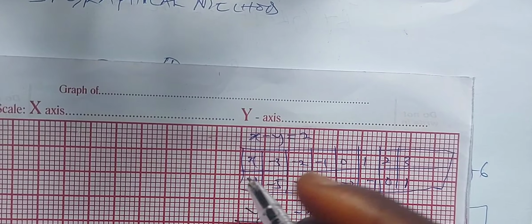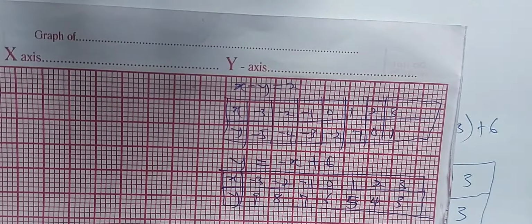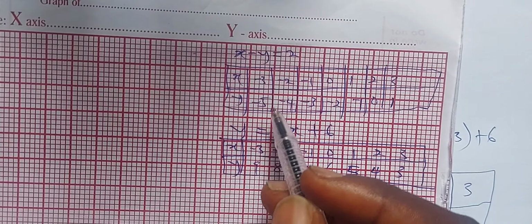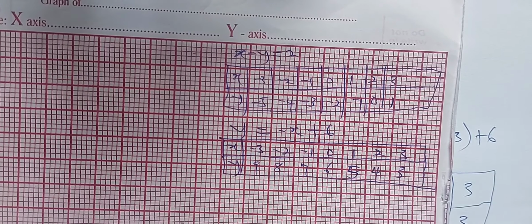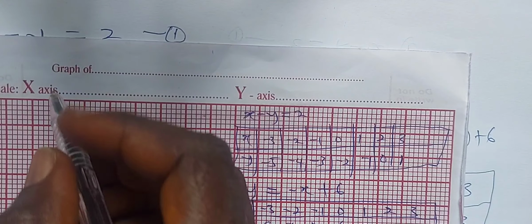Okay, now we have to choose the scale based on our values in the table. The highest value of y is 9 and the lowest is minus 5. So we can give room to the upper one. But first of all, you can see the scale here.